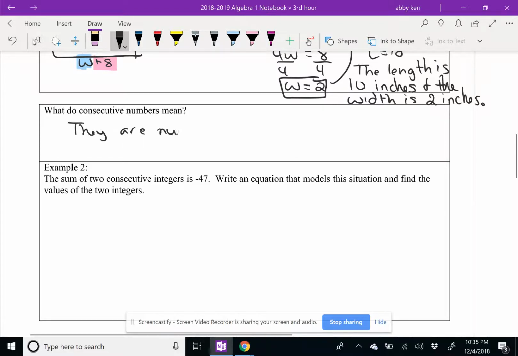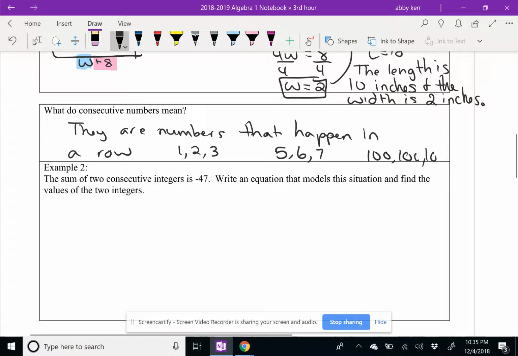They are numbers that happen in a row. So like 1, 2, 3 are consecutive. 5, 6, 7. 100, 101, 102.